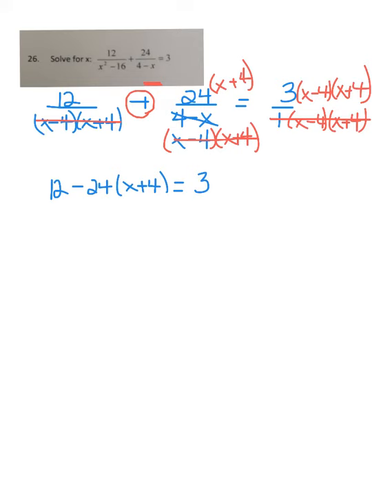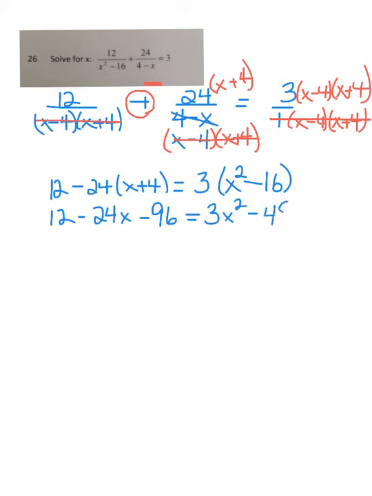So I'm just going to quickly distribute that out, and I know that that is x squared minus 16. All right, so why don't we go ahead and distribute? So then I have 12 minus 24x, right? And then minus 96 equals 3x squared minus 48.